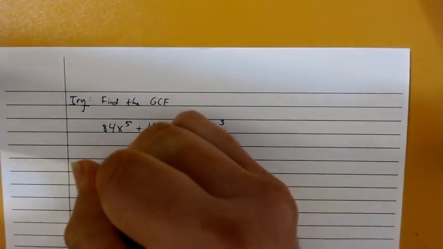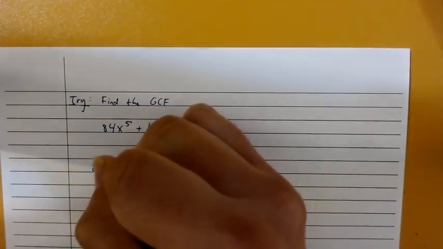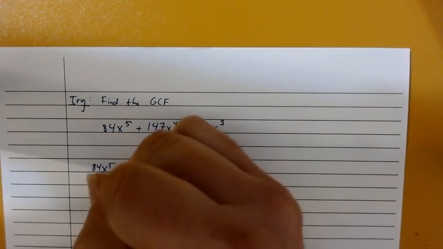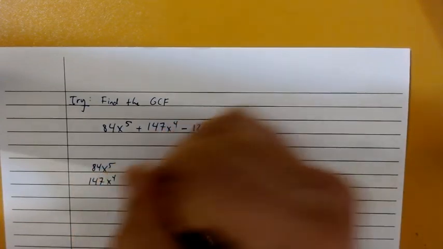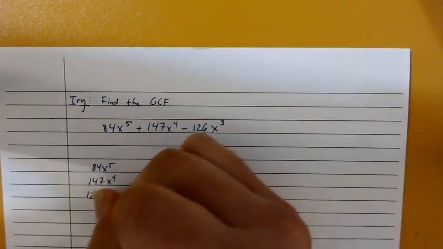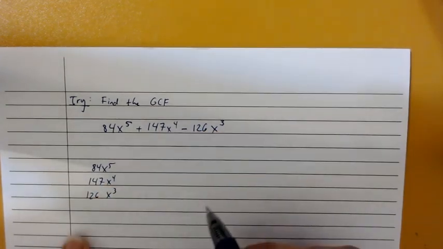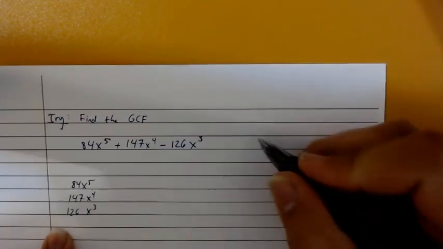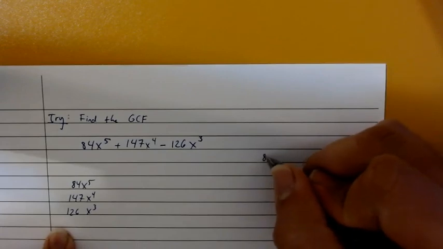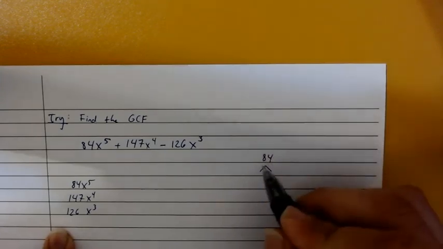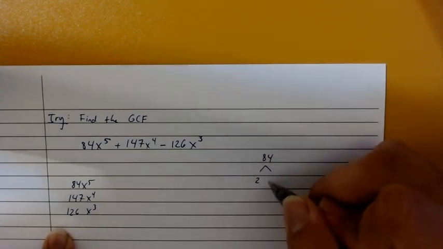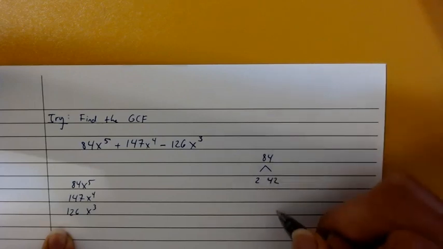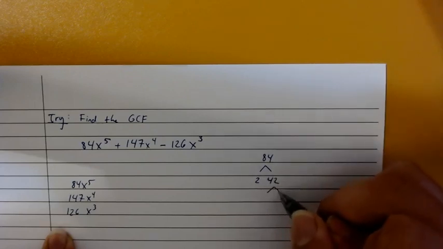All right, so let's take a look. We're going to take our 84x to the 5th, our 147x to the 4th, and our 126x to the 3rd, and we're going to factor out the coefficients. So let's go ahead and factor out 84 first. That's an even number, so I can write that as 2 times 42. 42 is 6 times 7.